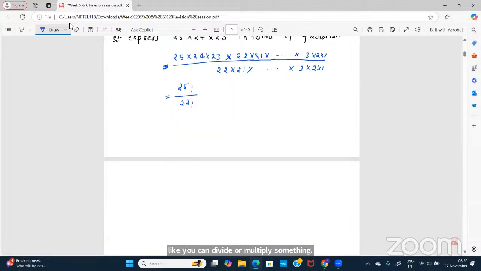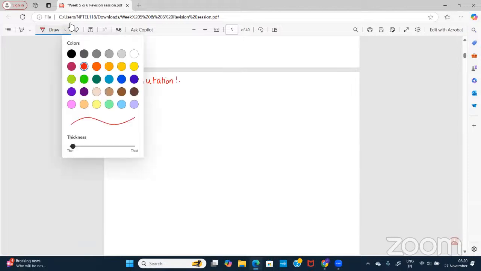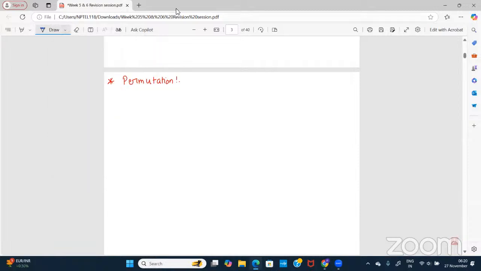Okay. Now the next topic is permutation. So what is permutation? Anyone? When you choose R items from N items and then arrange those R items?